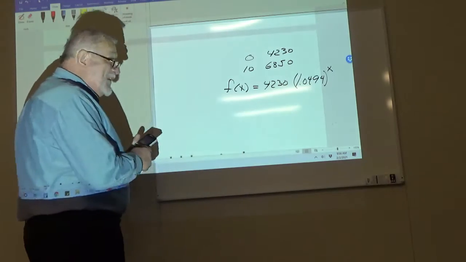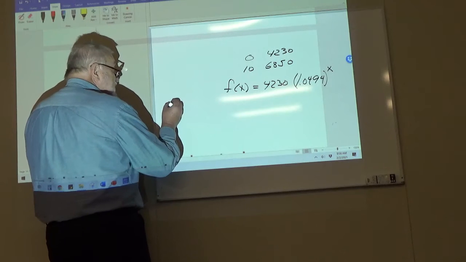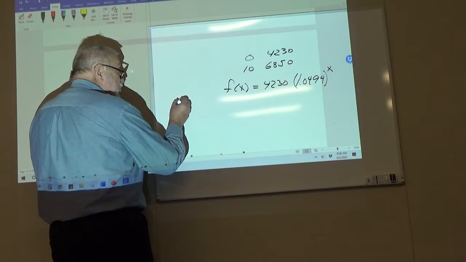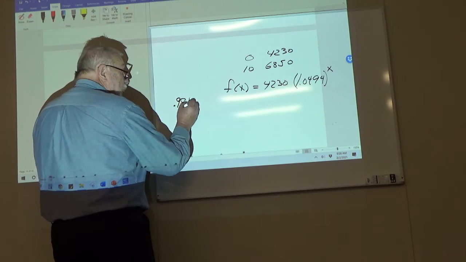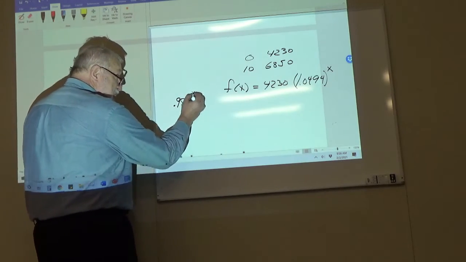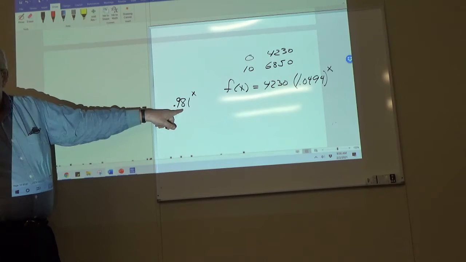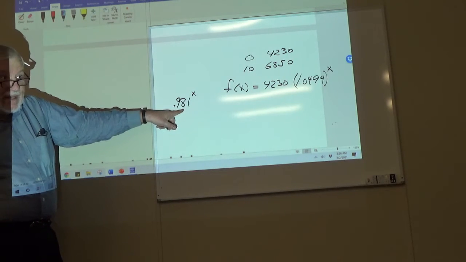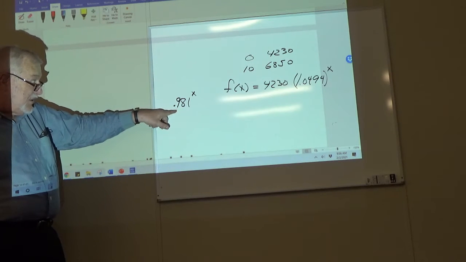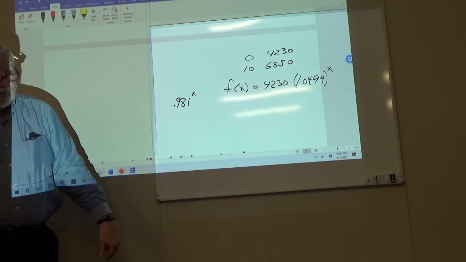All right, so let's say that I was doing something different, like the speed that we stopped at. Let's say that the B number is 0.981 to the x power. This is a 1.9% decrease because it's 0.019 short of 100%.